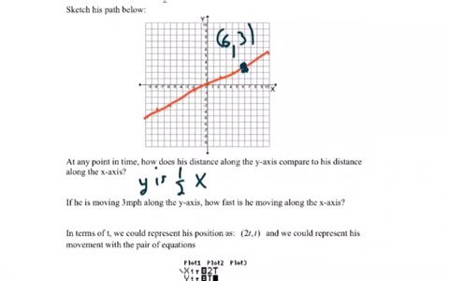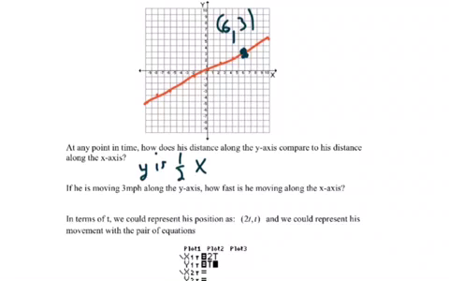If he is moving 3 miles per hour along the y-axis, how fast is he moving along the x-axis? If his y velocity is 3 miles per hour, then his x velocity would have to be 6 miles per hour because it's always half.